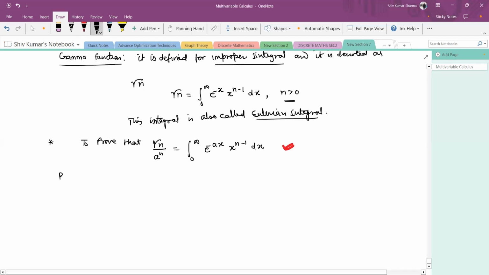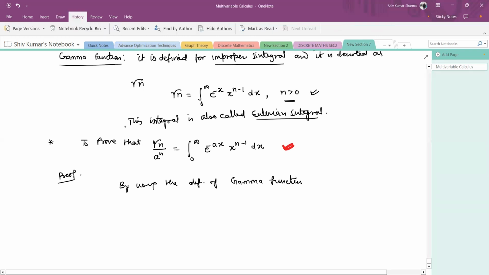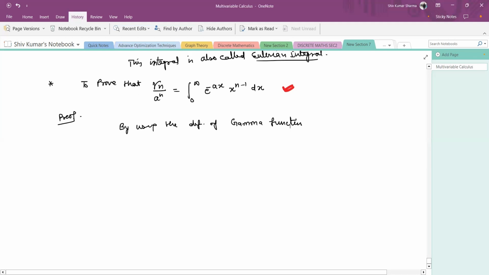We do the proof of this by using the definition. We write the definition of gamma function: gamma n is equal to integral 0 to infinity e raised to the power minus x into x raised to the power n minus 1 into dx.